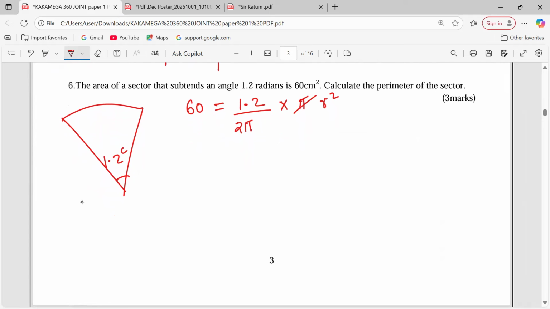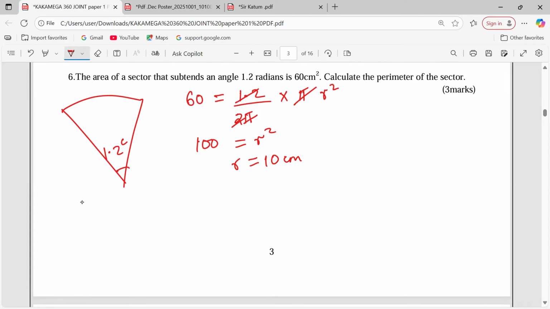You see now, with this, pi can just simplify out. This is 0.6. So 60 divided by 0.6 should give us 100, which is equal to r squared. And the value of r is now 10 centimeters.